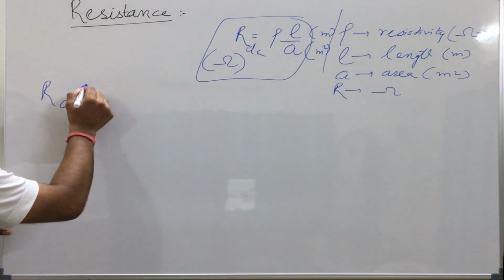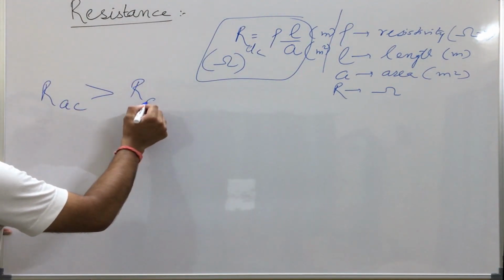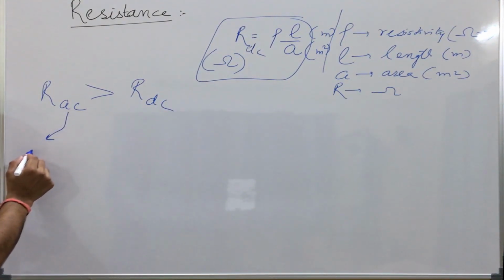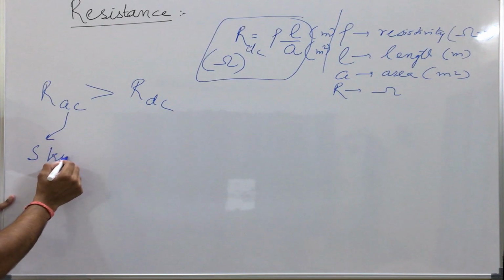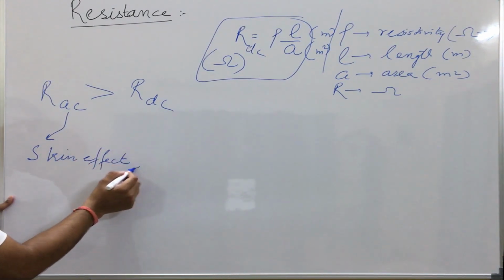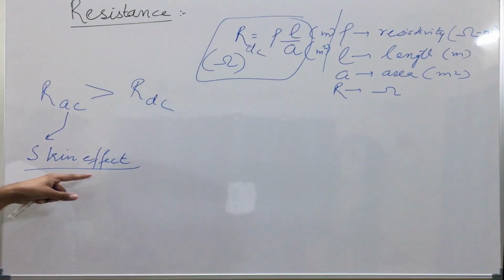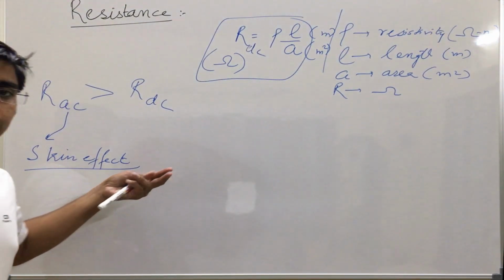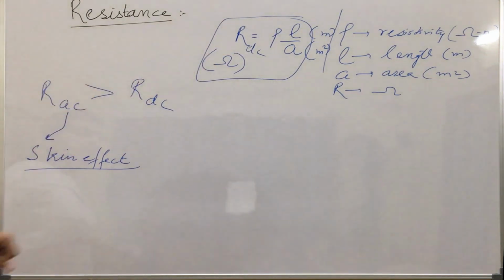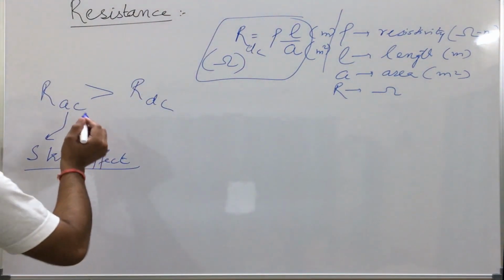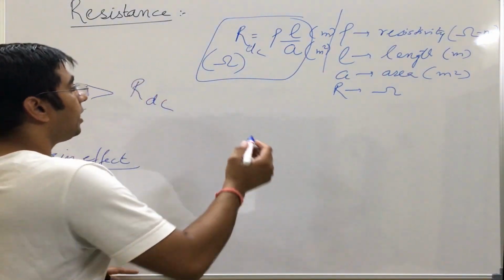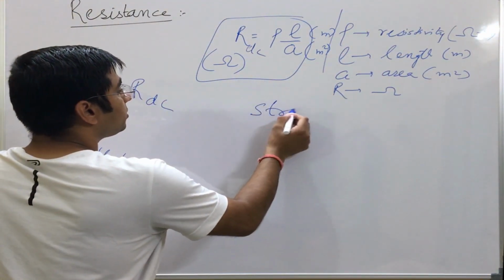RAC is greater than RDC. First one, due to skin effect. We will study this skin effect a little after studying RDC and other things. Further, as we have seen, we have stranded conductors.